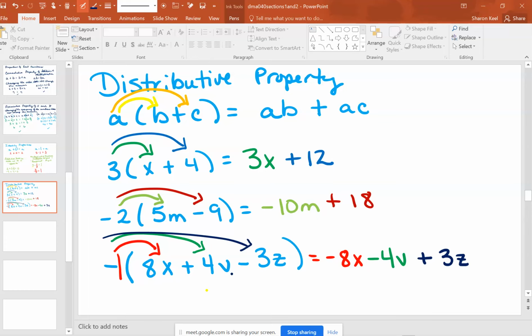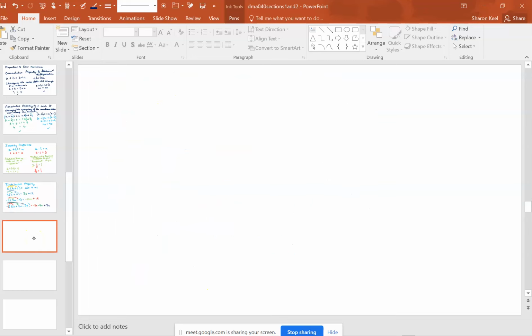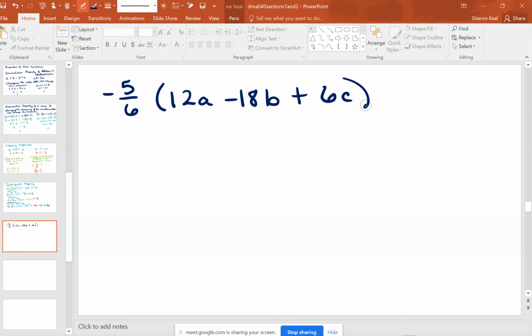Sometimes you may have numerals. Let me give you one because I know you're going to think this one's complicated, but it's not. If you have one that has a fraction, we're going to have -5/6 times (12a minus 18b plus 6c). This is not meant to be difficult. We're still going to just distribute.